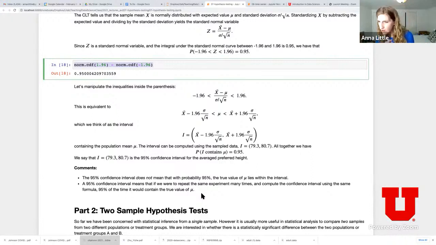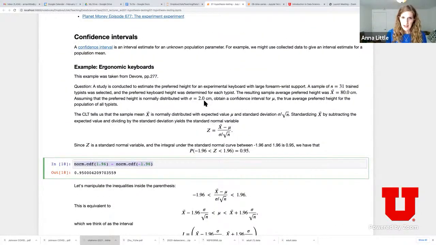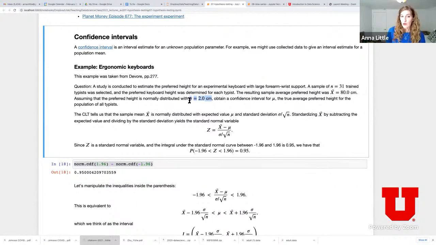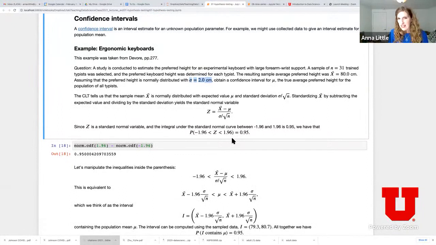Okay, and then we have another question. Sigma is still estimated by S. Yeah, in practice, in this problem, they just told it to you. It's basically assume the population standard deviation is 2 so that you know what to plug in. But in practice, you don't really know the sigma, so a lot of times you have to approximate it with S. And then this turns into a confidence interval based on the t distribution instead of the z distribution.